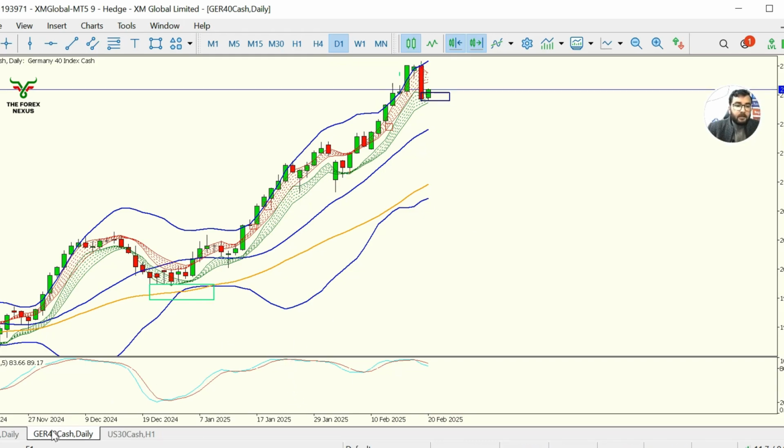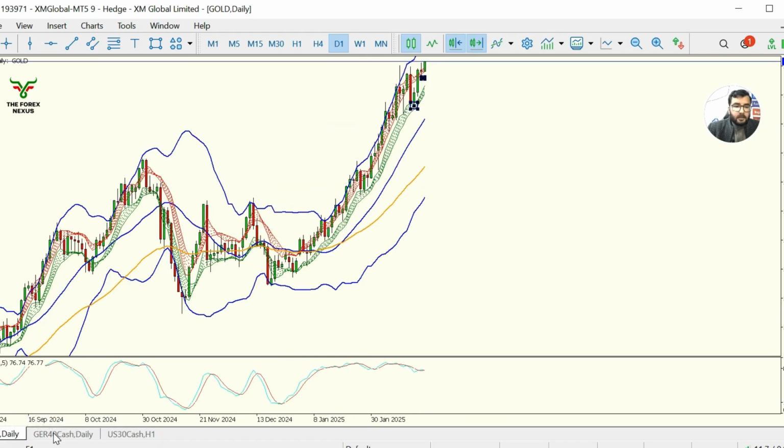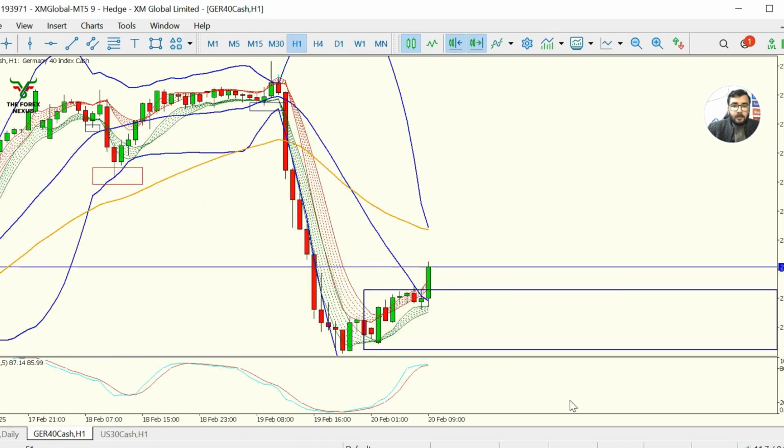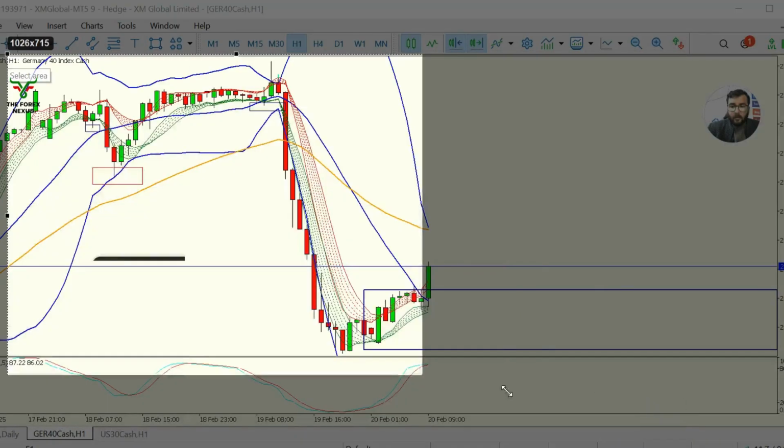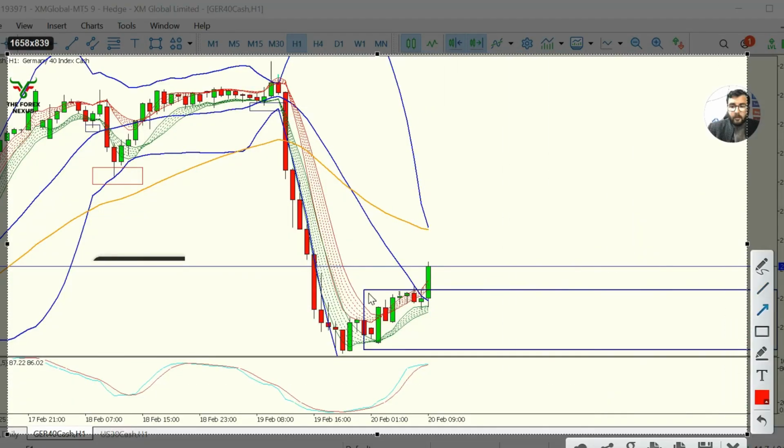Now here on German 40, how will it look for the further move? The market already formed MLV here, so the market dropped.